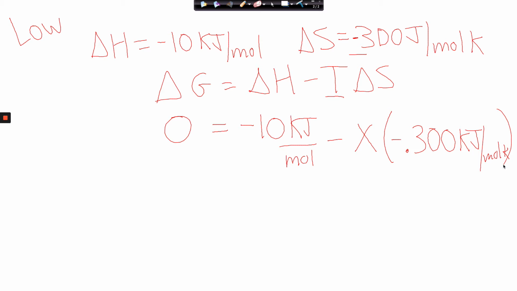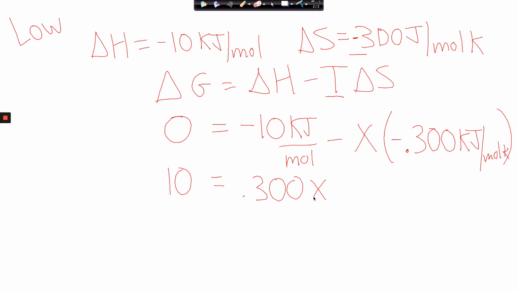Okay, so now we do the math. And we bring this value over, and we end up with 10. I'm going to get sloppy with units. But we bring the value over, and this is 10. And then that gives us 0.300x. Negative x times negative 0.3 is 0.3x.